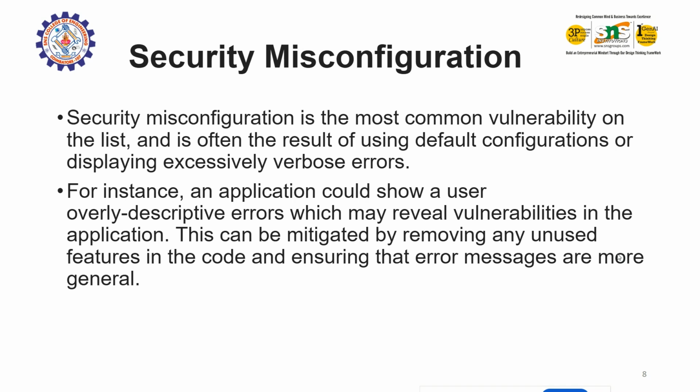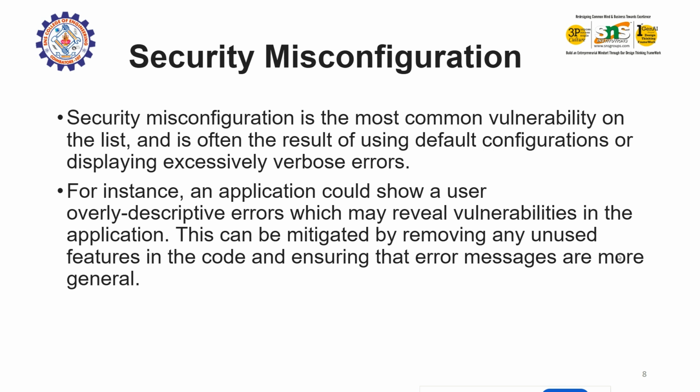Next is the security misconfiguration. Security misconfiguration is the most common vulnerability on the list. It is a common thing that happens, and it is the result of using the default configuration, or displaying excessively verbose errors.